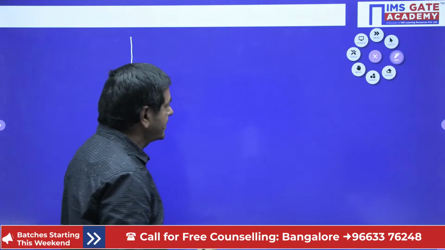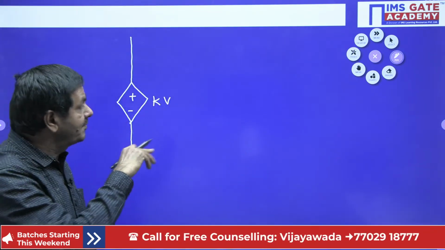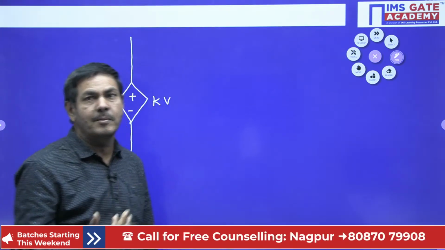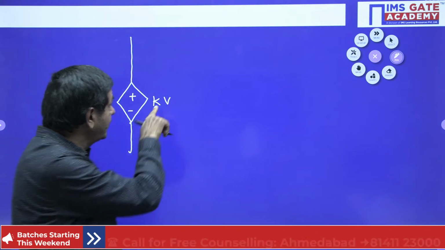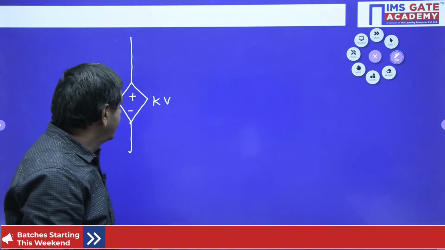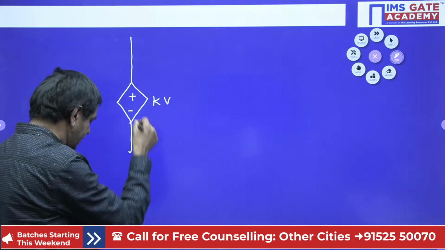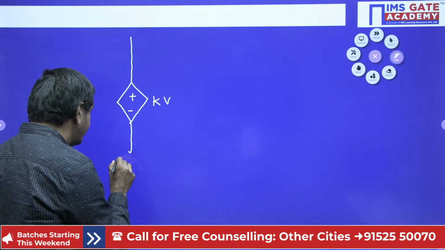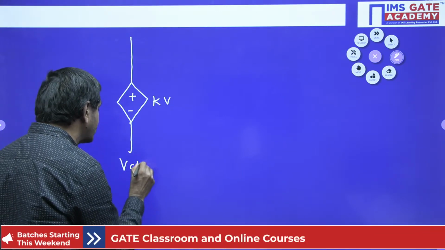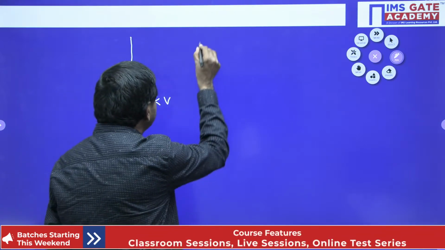Suppose in the problems, while doing the dependent sources, I will do certain problems. There you can understand how that voltage will be there. That voltage may be the drop across some other element. This symbol is the diagram for the voltage controlled voltage source only. If it is a voltage controlled current source, it is drawn in this way.